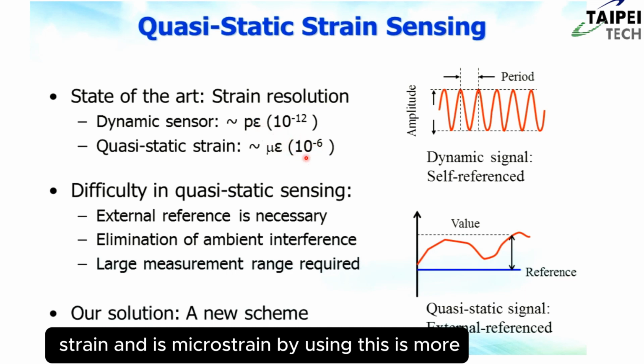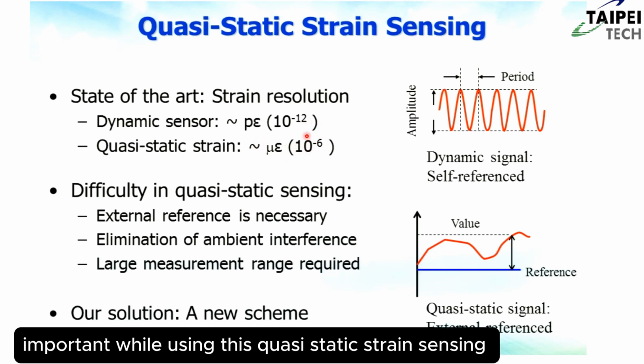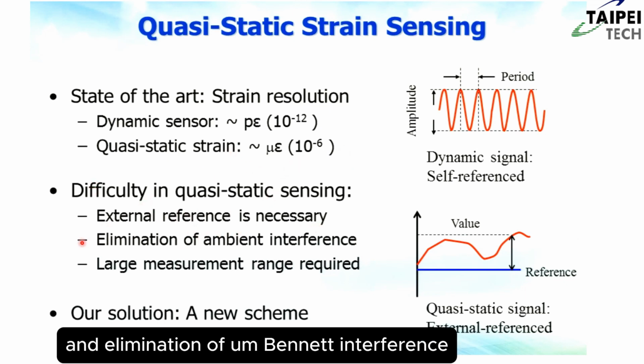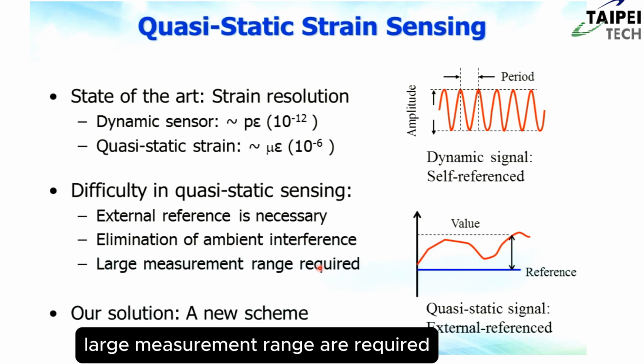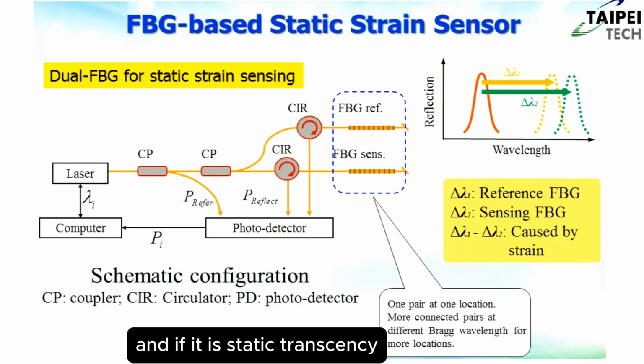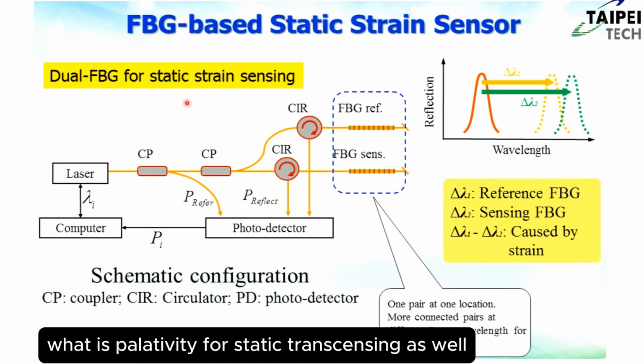It is small, but very important when using quasi-static strain sensing. The difficulty with quasi-static sensing is that an external reference is necessary, and elimination of ambient interference and a large measurement range are required. This is very difficult.